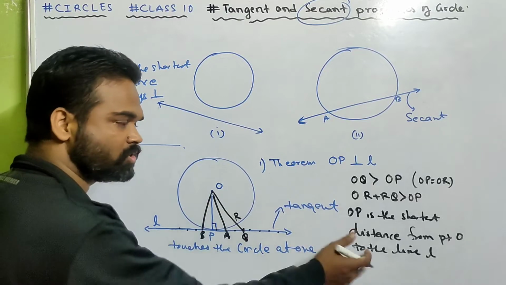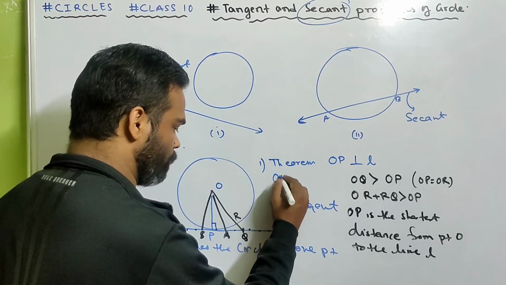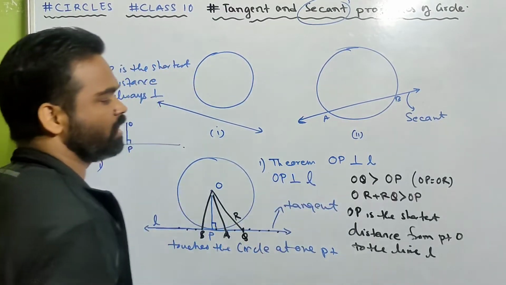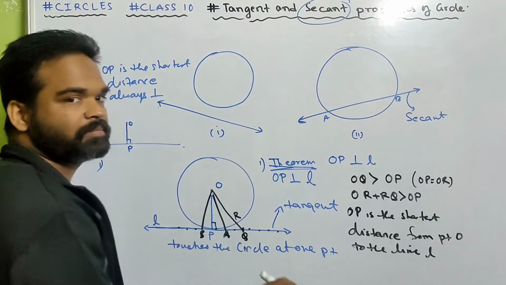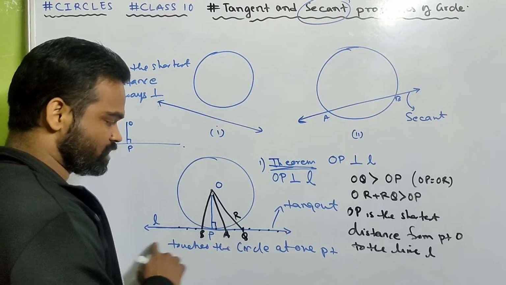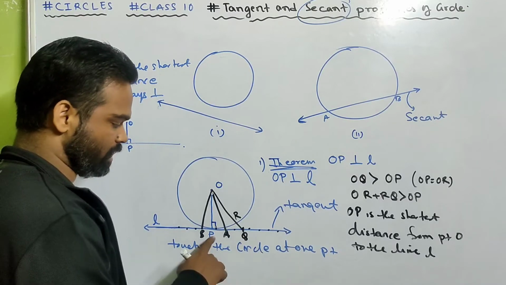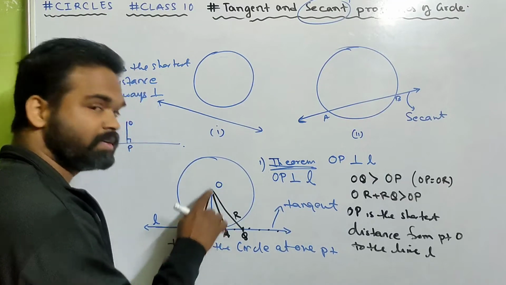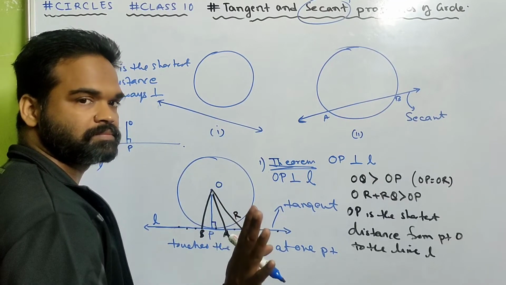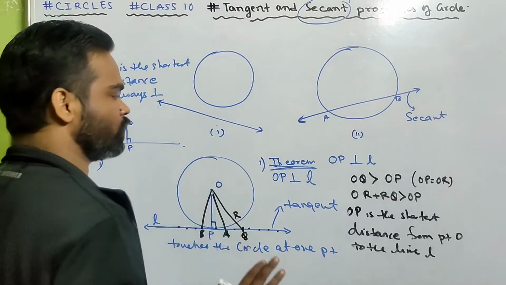OP is the shortest distance, we know, which means OP will be perpendicular to L. This is our first theorem. The tangent of a circle at a point P is perpendicular to the radius from the point P. Okay, this was your first theorem which we should know.